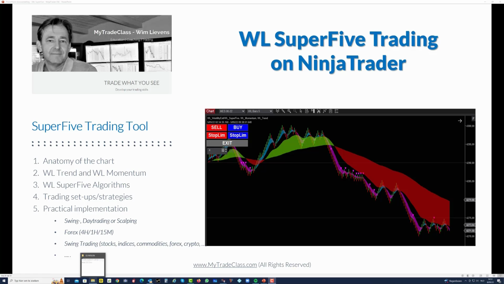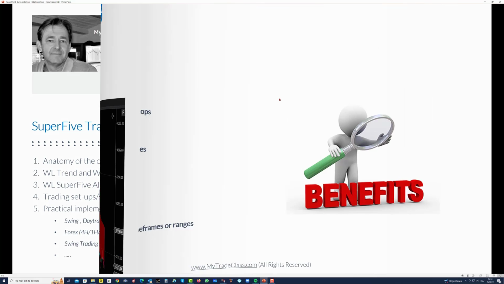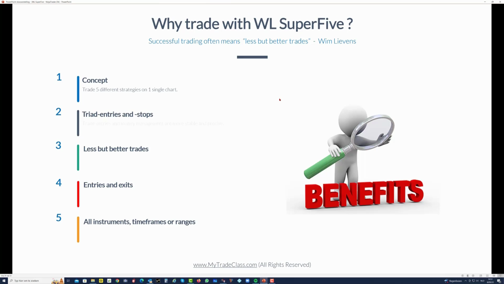Then it's up to you to decide which you want to use and which you don't. But you also have the algorithms, of course, and I will talk a little bit about the practical side. This we already discussed: let's trade less but better.